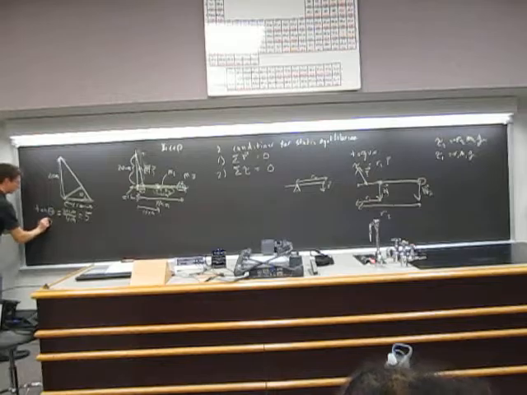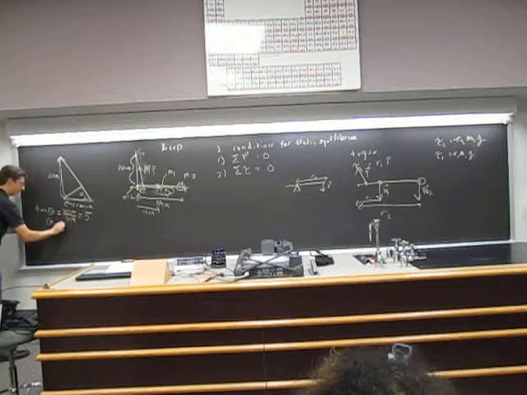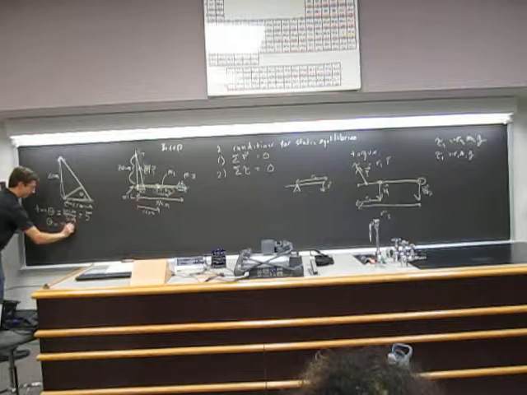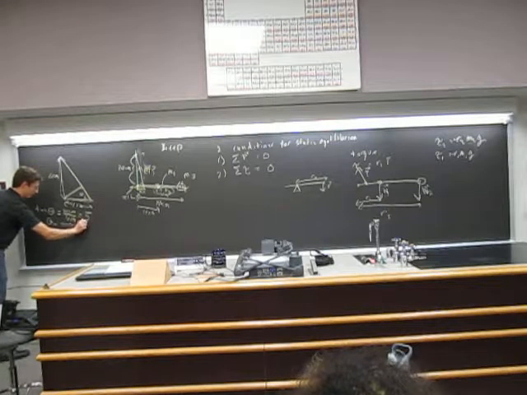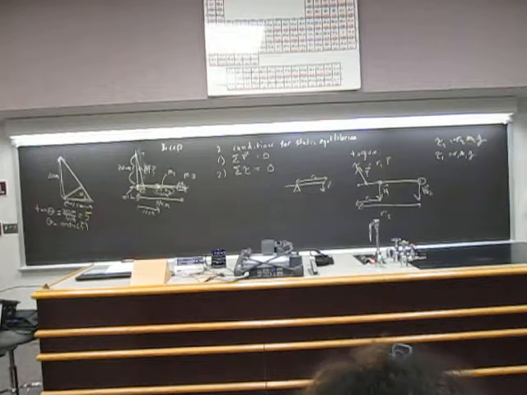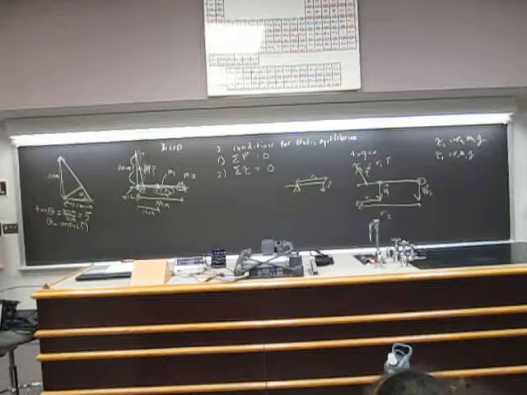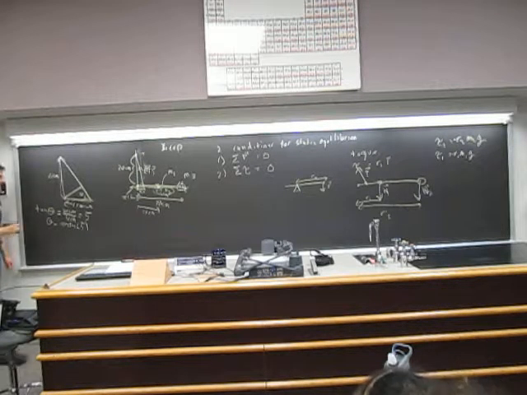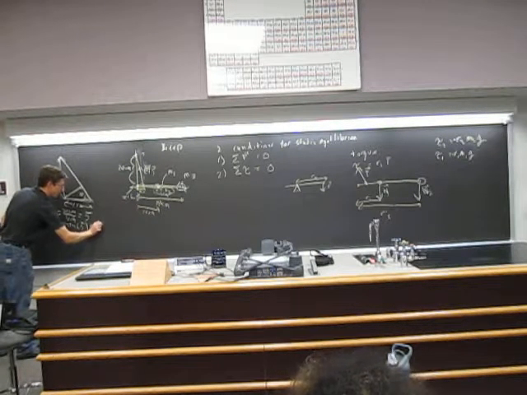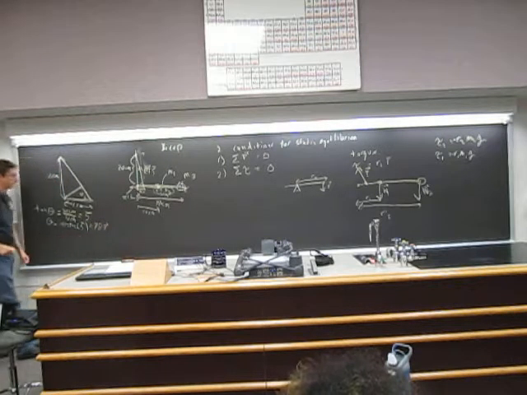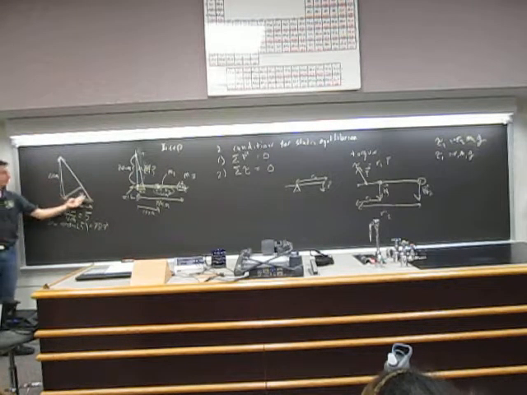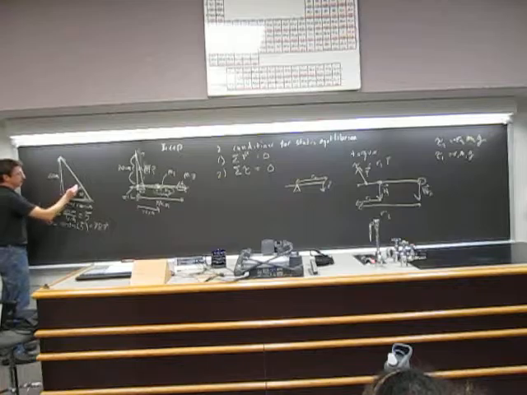So theta is the inverse tangent, or arctan, of 5. What is that, by the way? 78.7 degrees. Okay, so now that I know this, let's look at this little triangle here.